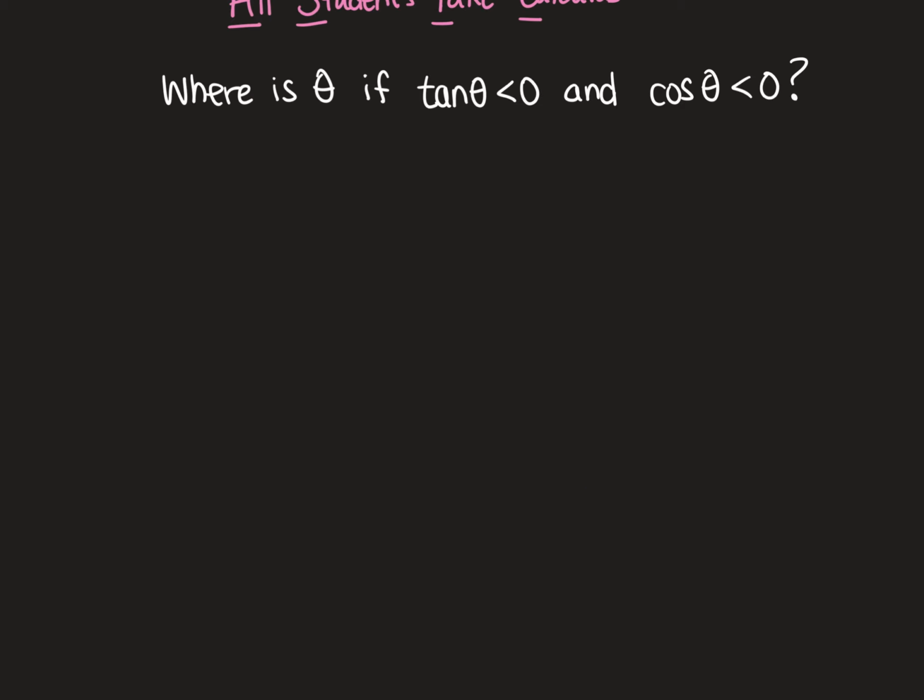So when I approach a problem like this, I start again by just drawing in a coordinate plane, and I label it with ASTC, all students take calculus. And I have to think about the fact that if tangent is less than 0, that means I'm saying tangent is negative. All numbers less than 0 are negative. Then if cosine is less than 0, that also means cosine is negative.